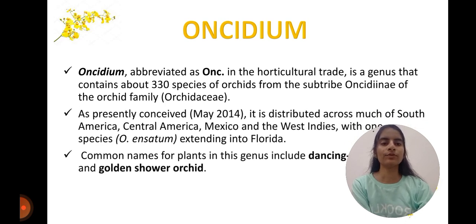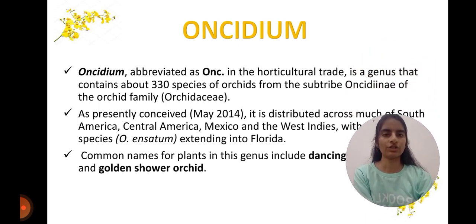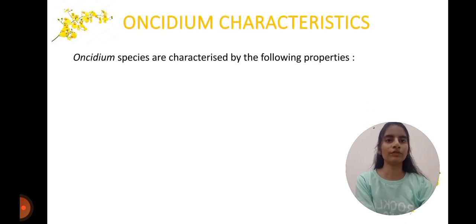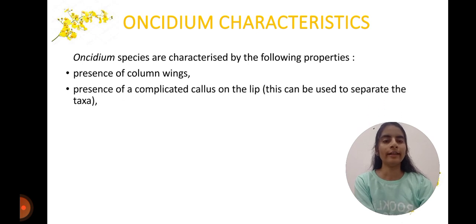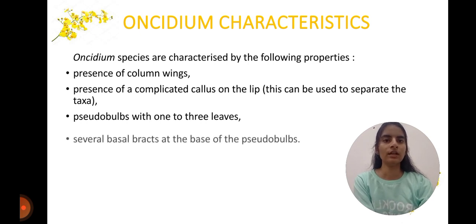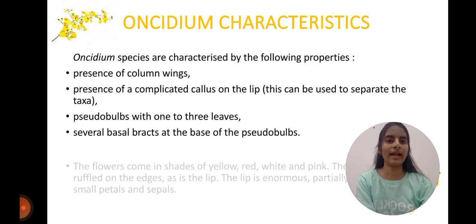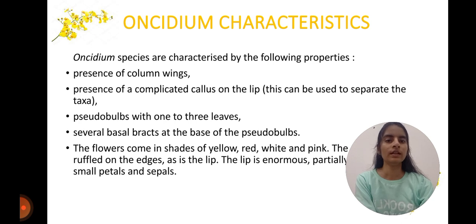The common names for these plants include dancing lady orchid and golden shower orchid. The characteristics of Oncidium species include the presence of column wings and a complicated callus, and they have pseudobulbs with one to three leaves and basal bracts at the base of the pseudobulbs. The flowers come in shades of yellow, red, white, and pink.